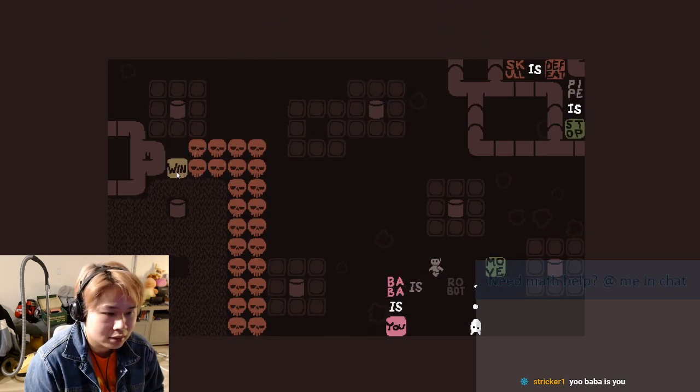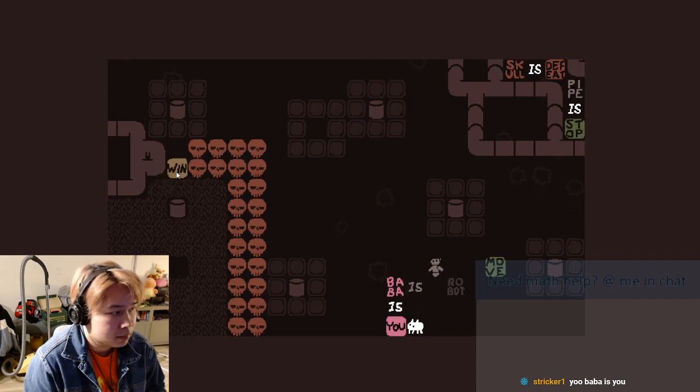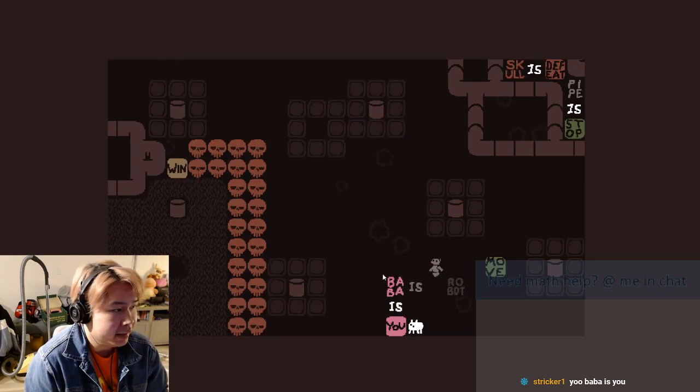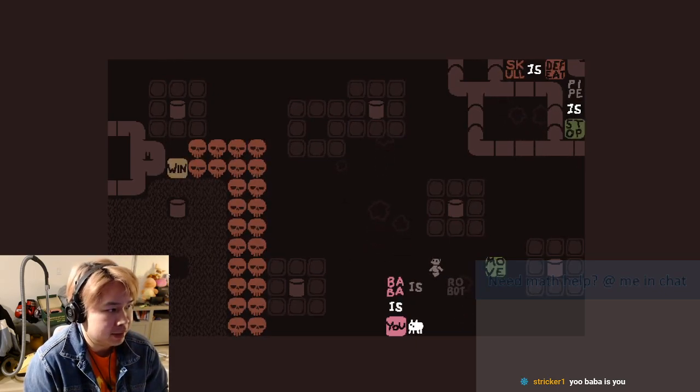Then... Okay, I have a plan. So I can make the robot go into the skull section. And then I can change the sentence so that it says robot is Baba. So that will change the robot into me. And then I can control it and push it out of here. I think that's the plan.